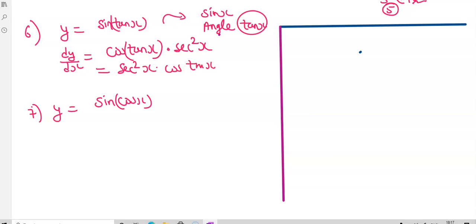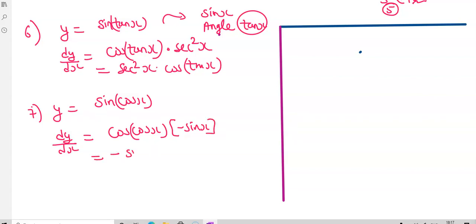cos tan x. If I take this, here again the dy by dx is coming out to be cos of cos x, and derivative of cos x is minus sin x, minus sin x cos of cos x.